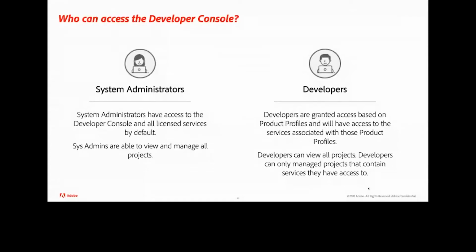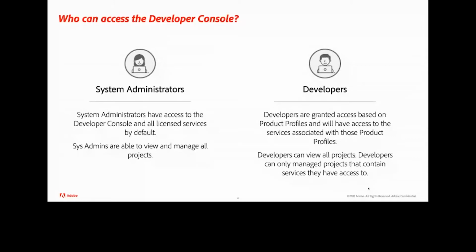We then have a specialized role that is a developer role, and that developer role can be granted and managed inside of the admin console by administrators. These developers have been granted access based on specific product profiles, and as such have access to the services that are associated with those product profiles.